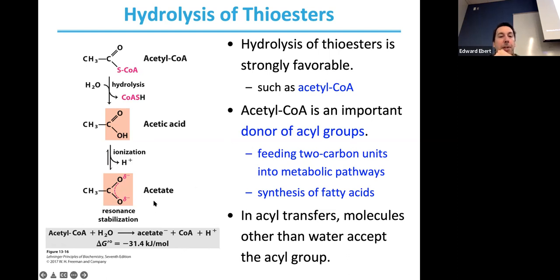Okay. The reason why this is important is we're going to see acetyl-CoA in a ton of metabolic pathways because acetyl-CoA is a great donor for acetyl groups. Here we have our nice little 2-carbon unit. So we want to add 2 carbons at a time. That's our acyl group. We can add that. When we see fatty acid synthesis, when we make fatty acids, we're going to add 2 carbons at a time.